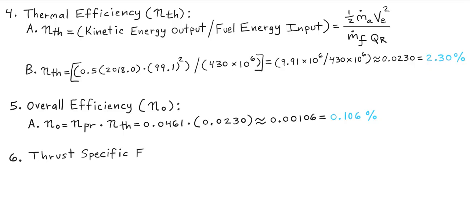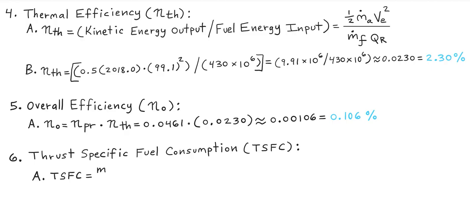And then lastly, we have the thrust specific fuel consumption, TSFC. That's the type of fuel consumption rate that's used in propulsion engines with respect to gas turbines, unlike piston engines, which use the brake specific fuel consumption.